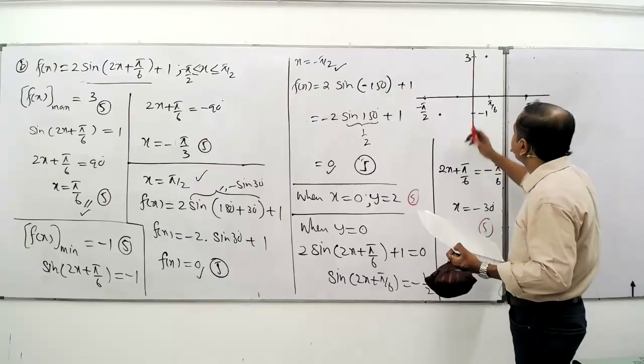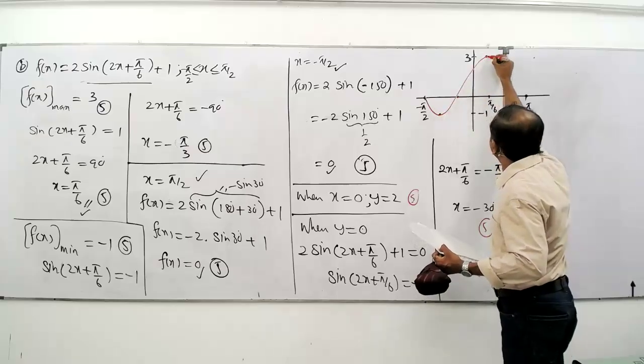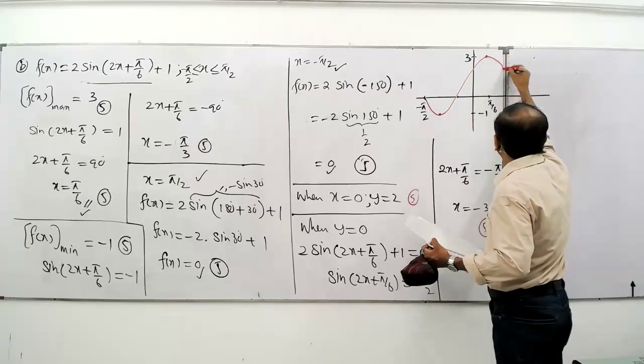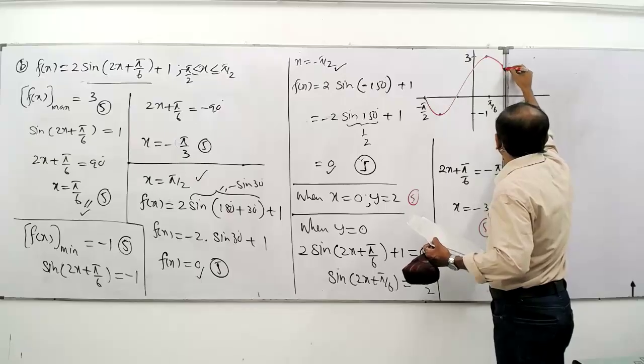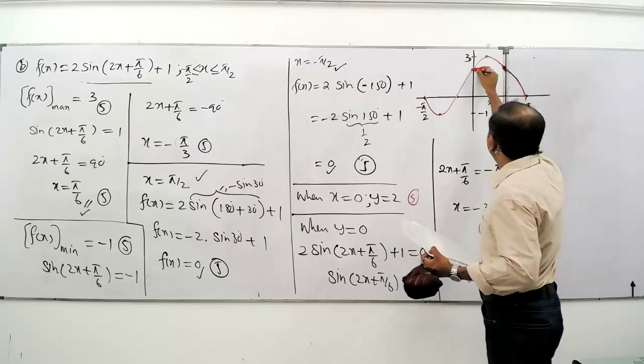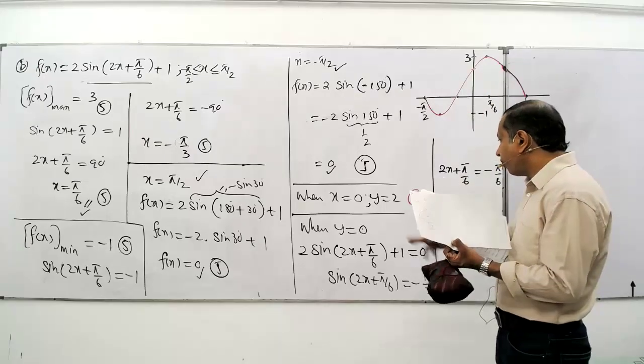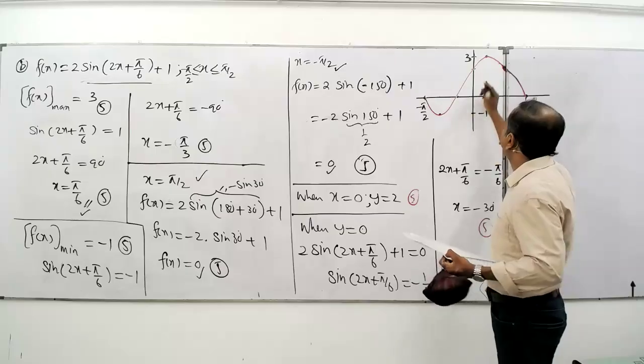What's the graph, people? You see the graph going. Right here. Okay. This point also we found. Put in x equals 0, people, we found y equals 2, no? Here is that point, y equals 2.